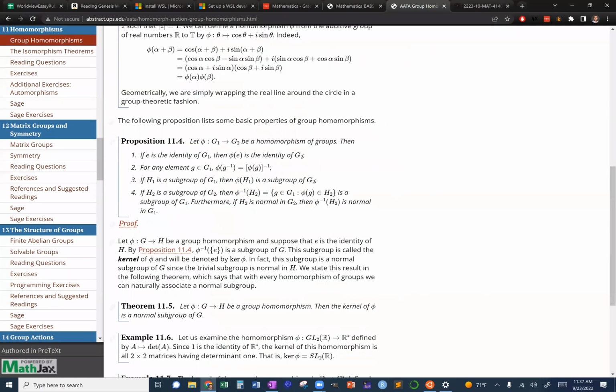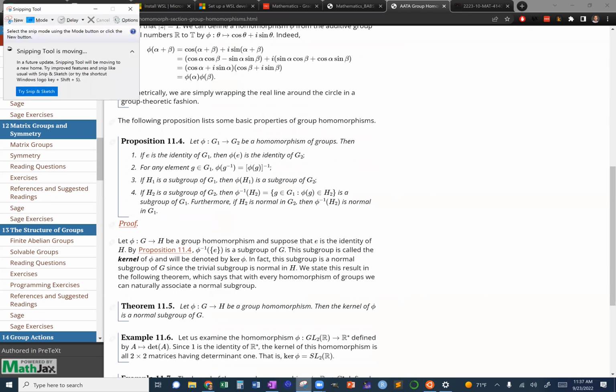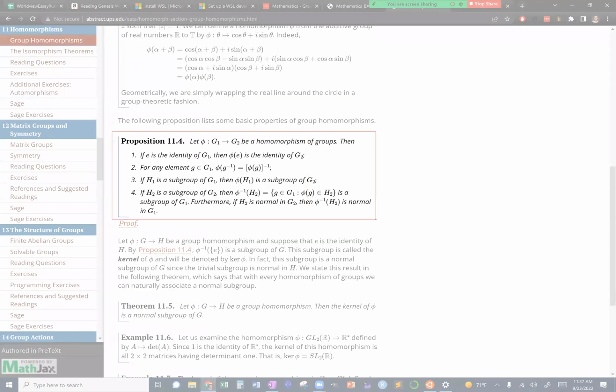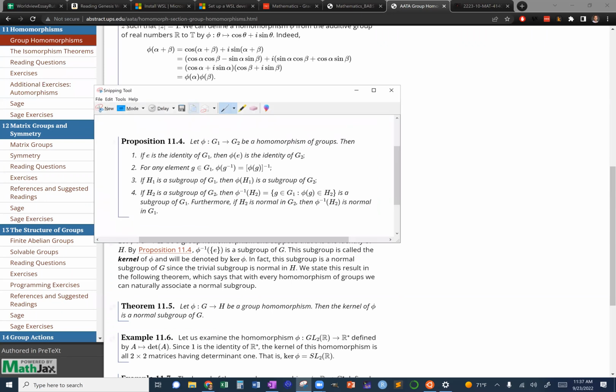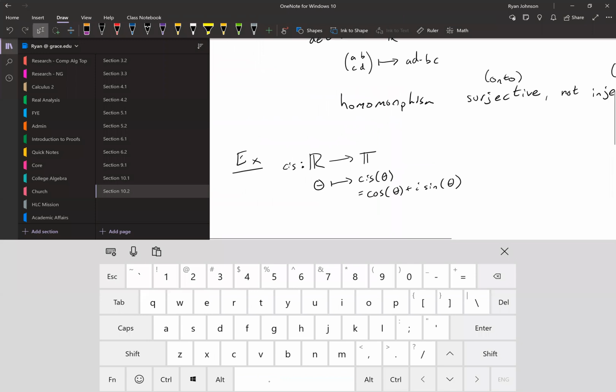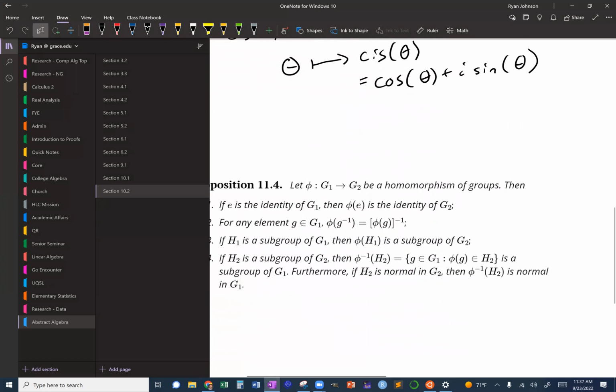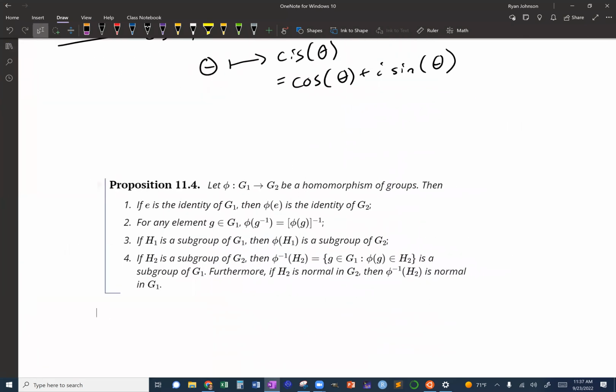All right, let's look at the properties of a homomorphism. Proposition 11.4 says if you've got a homomorphism, in this case phi from G1 to G2, then it's going to send the identity to the identity, and it's going to send inverses to inverses.